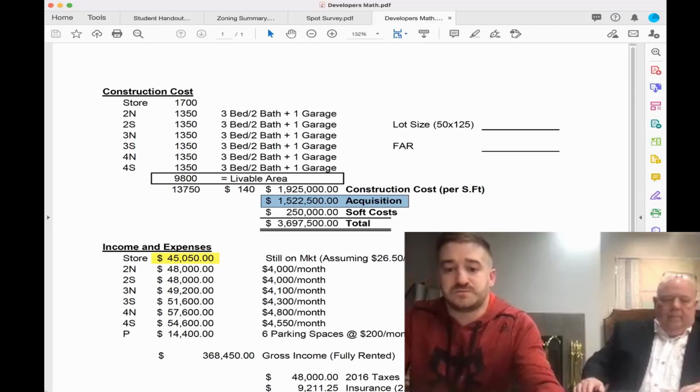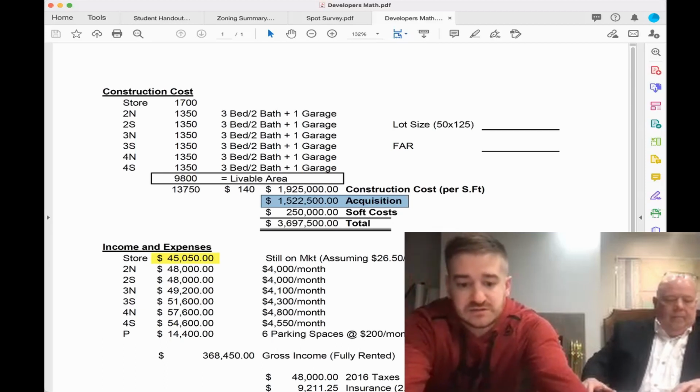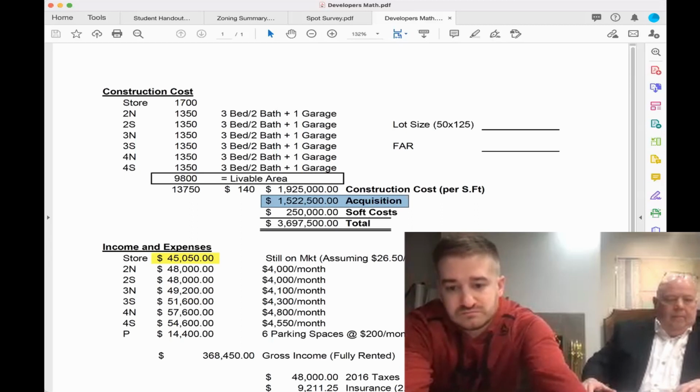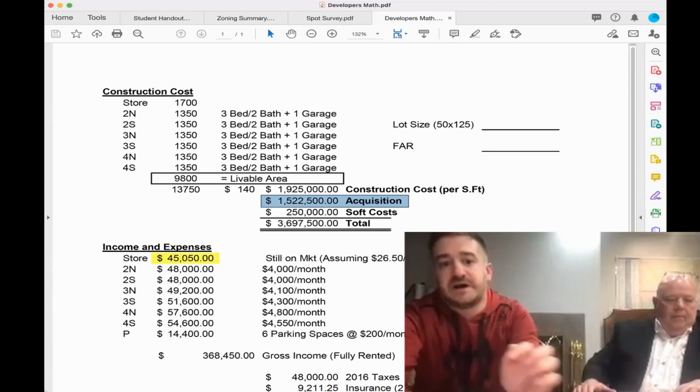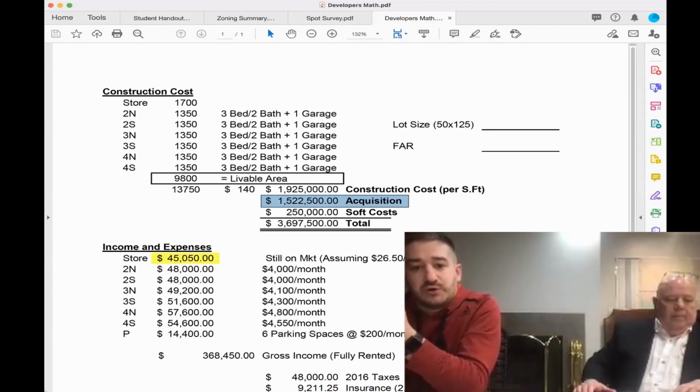You take your acquisition costs and divide by the number of dwelling units.